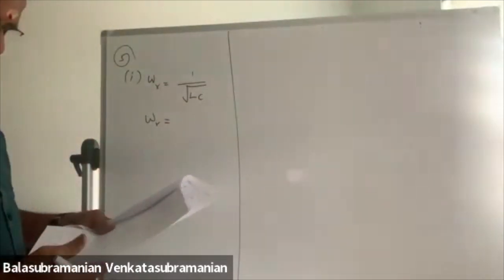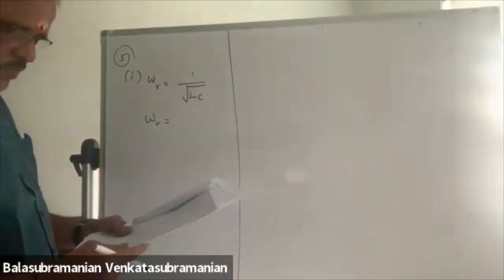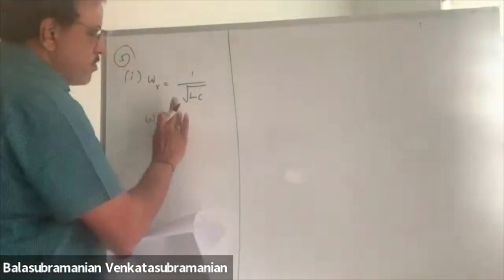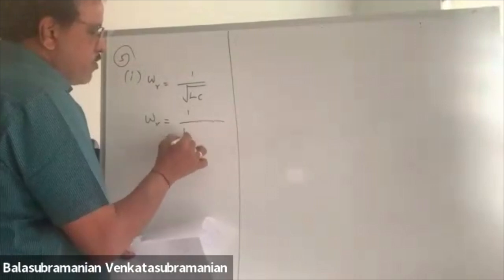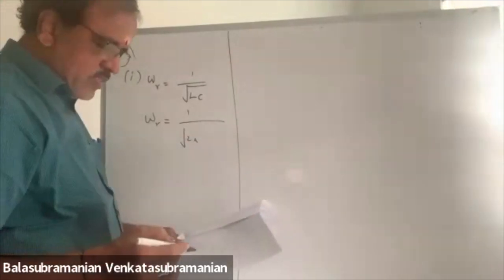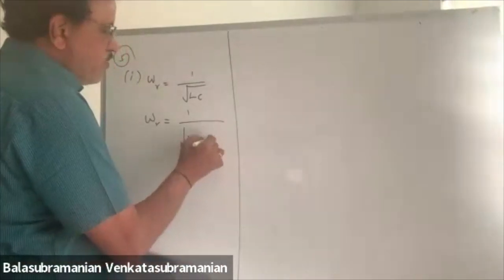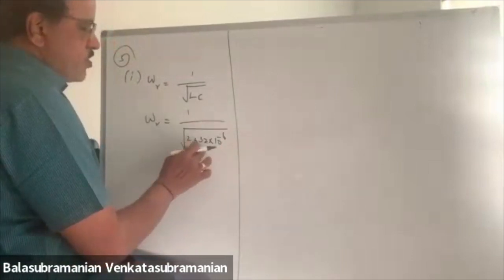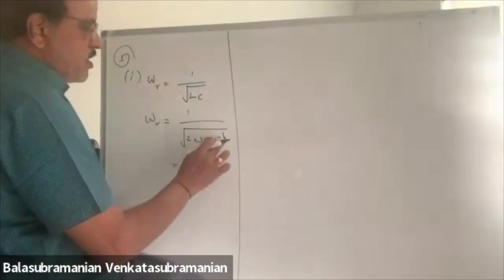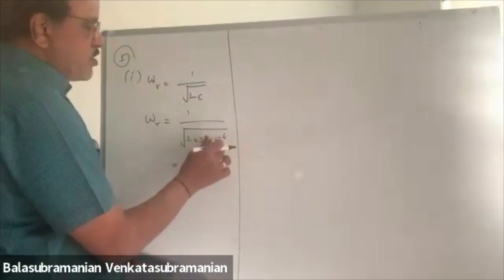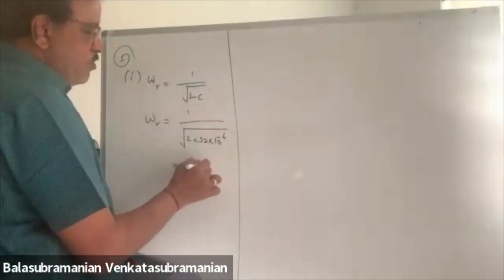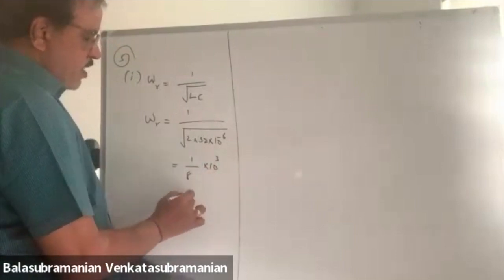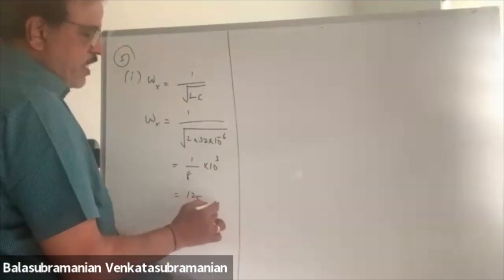So the given value L is 2 Henry. 1 by root of 2 into the capacitance value, 32 microfarad. 2 into 32 is 64, so 1 by 8 into 10 power minus 6, outside 10 power minus 3, numerator 10 power 3. So 1000 by 8 is 125 radian per second.